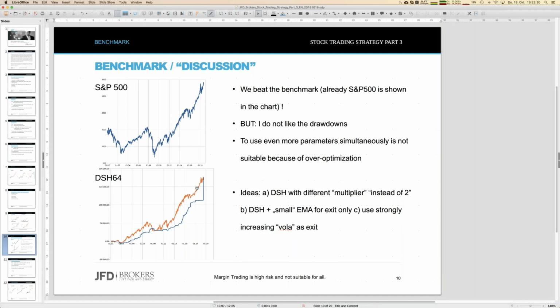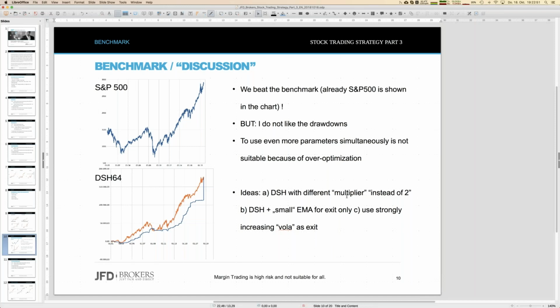So that's already really good. The problem is the drawdown, especially in the financial crisis. And that led to the idea of using 2 other things here, or at that time it must have been 3, but the middle one, the B, I have to skip because it doesn't work out. I tried it and I have skipped it afterwards. So we want to use the days since high, but not with that intrinsic multiplier of 2.